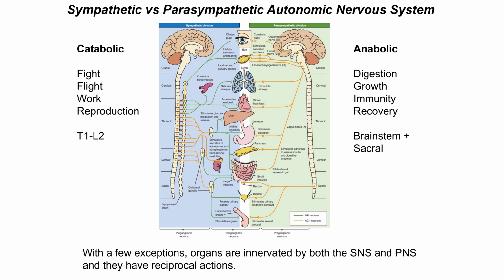This is a really interesting network. Almost every organ is innervated both by sympathetics and parasympathetics, but you can see there are a couple exceptions here. Notably, the vasculature, so blood vessels especially, are only innervated by sympathetics. And same thing with the sweat glands.